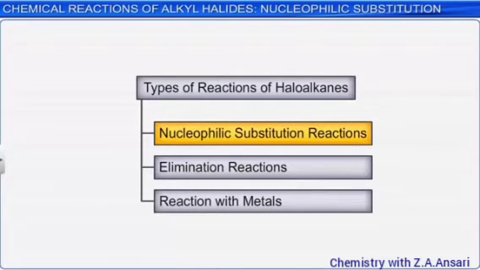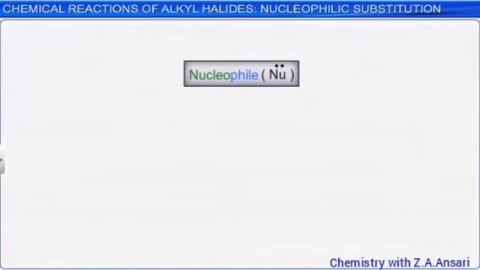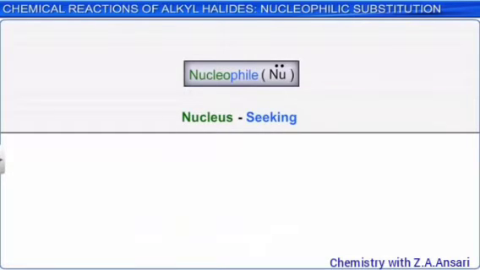Before you learn about the nucleophilic substitution reactions, get to know what a nucleophile is. The word nucleophile means nucleus seeking. Essentially, a nucleophile has an unshared pair of electrons, and it can use these electrons to make a covalent bond.